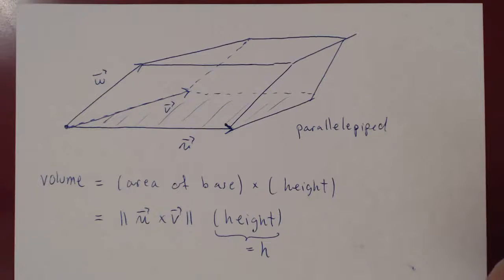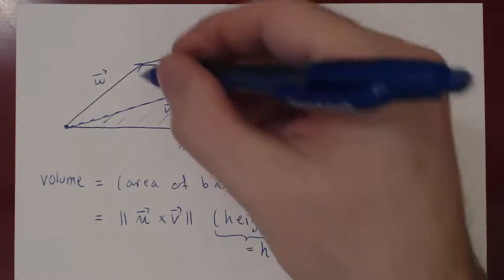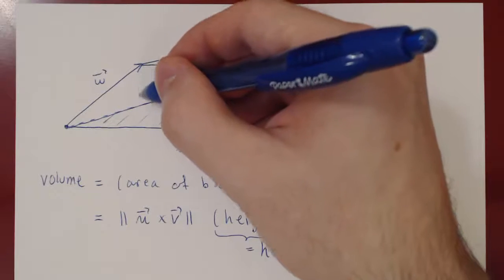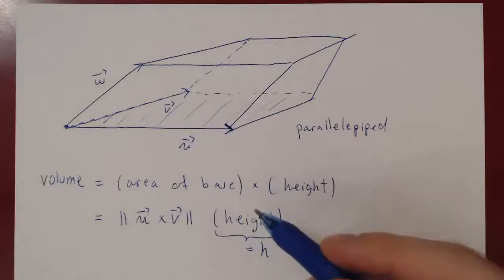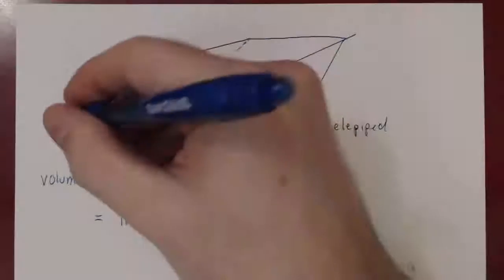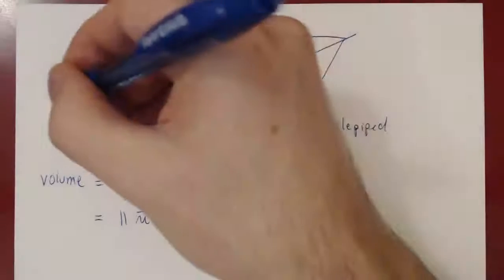If you think of it, the height will be the segment connecting the endpoint of w onto the surface spanned by u and v, but of course in a perpendicular fashion. Let me draw it over here.